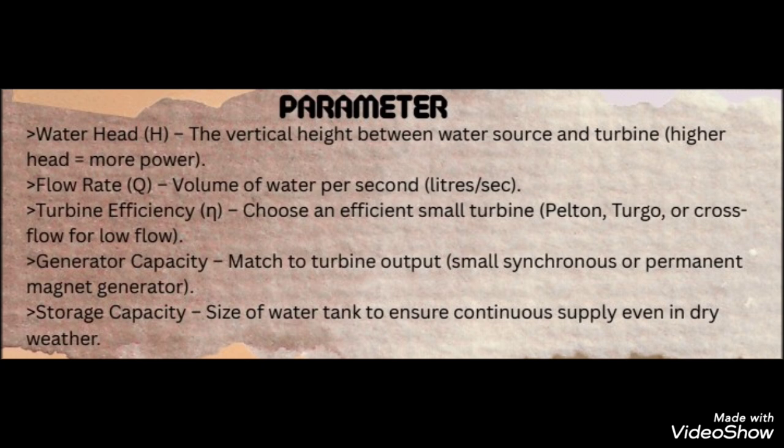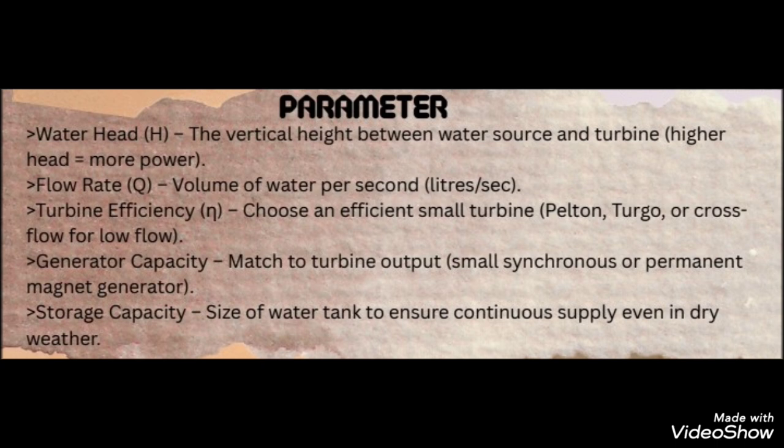For the next part of this video, I would like to talk about the parameters that we will use in this experiment. First will be water height, the vertical height between the water source and turbine. The higher the height, the more power will be generated. Next will be flow rate, the volume of water per second. Other than that, turbine efficiency.